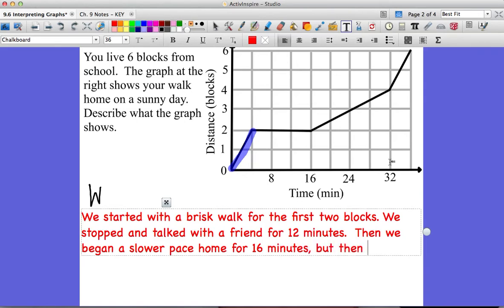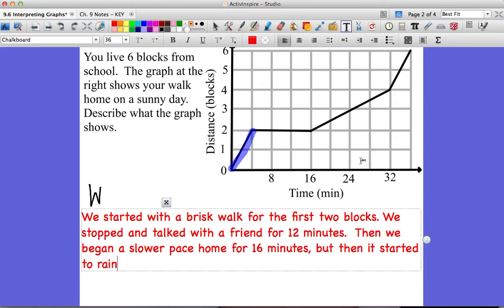But then it started to rain, and we can make that assumption because if you look, now all of a sudden our rate of speed goes very fast. It skyrockets. And that tells us that no longer are we walking slowly. Now we're starting to pick up that pace again. So either they got really excited to get home or it started raining. I would say it started raining.